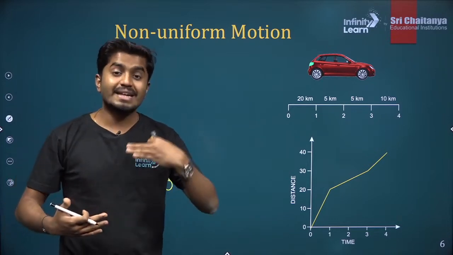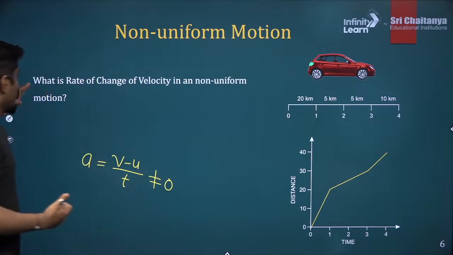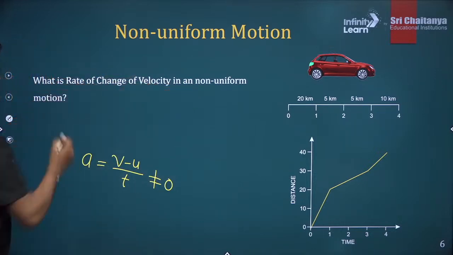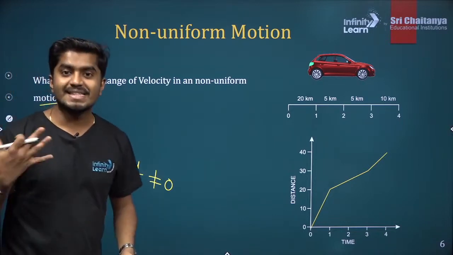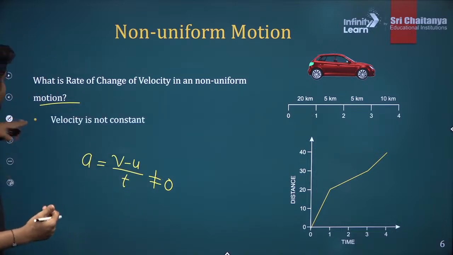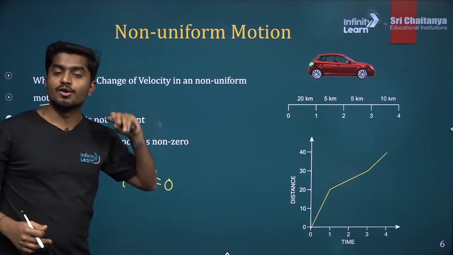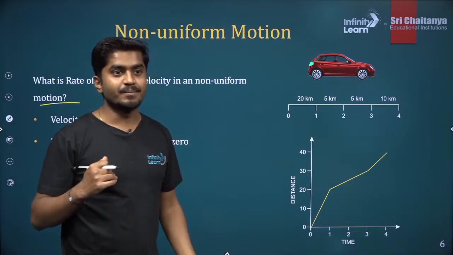The body will either gain the speed or lose the speed, right? So the rate of change of velocity in a non-uniform motion is not 0. That means it is an accelerated motion. Clear? Alright, velocity is not constant, so change in the velocity is non-zero. Change in velocity is nothing but our acceleration.